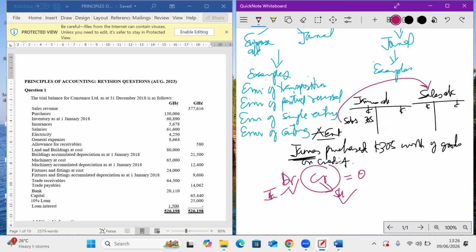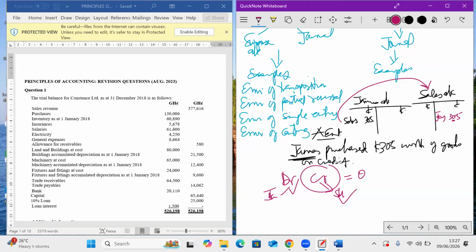So I'll write 305 here, credit. Where is this 305 going to? It's going to James, because there are only two accounts. So this is a correct entry. It is no error. It is neither an error affecting the trial balance nor an error not affecting the trial balance. It's a correct entry. It's good.